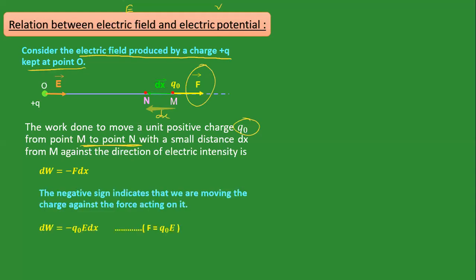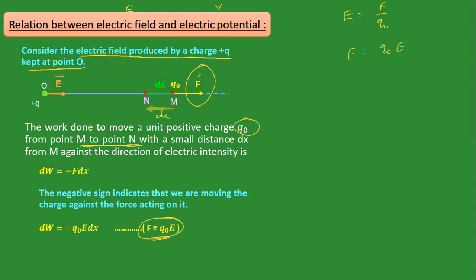Now, this F is equal to Q0 into E. So how do we get this? You know, electric intensity is the force acting on unit positive charge. So we can write F is equal to Q0E. This is the formula.